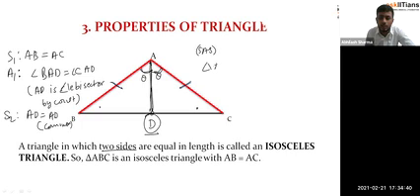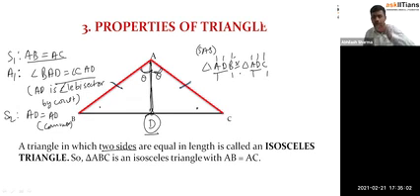So by side angle side, we can say triangle ADB is congruent to triangle ADC, which is the correct order of congruence also, because look, AB equals AC, which is true here. Angle BAD equals angle CAD, yes, that is also true. AD equals AD, so everything is correctly maintained, and we have written it correctly.